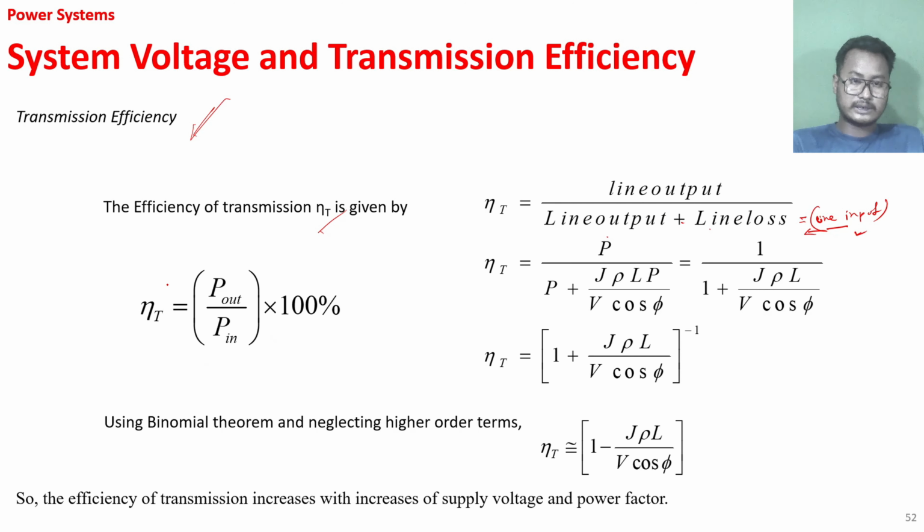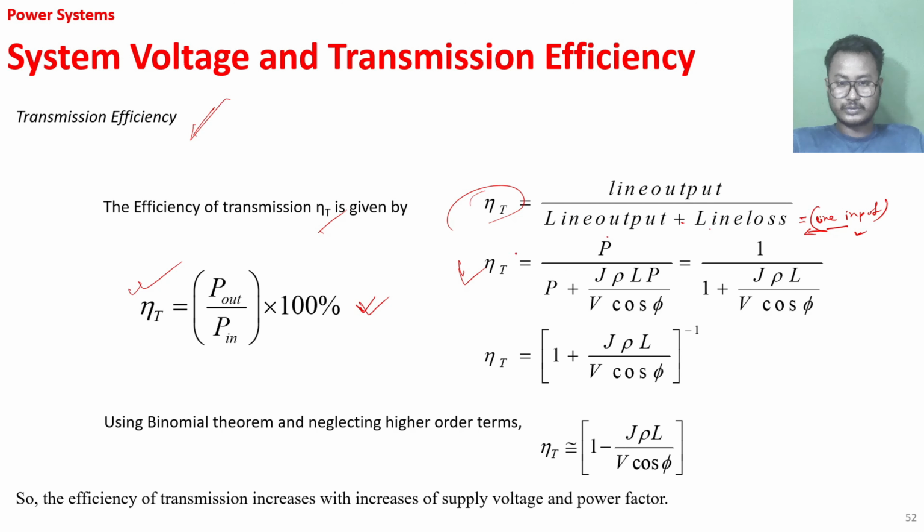That's why here it is written directly as P out by P in times 100%, for calculation in percentage. You have to just remember that the efficiency of a transmission line is line output by line input, or line output by line output plus line loss.